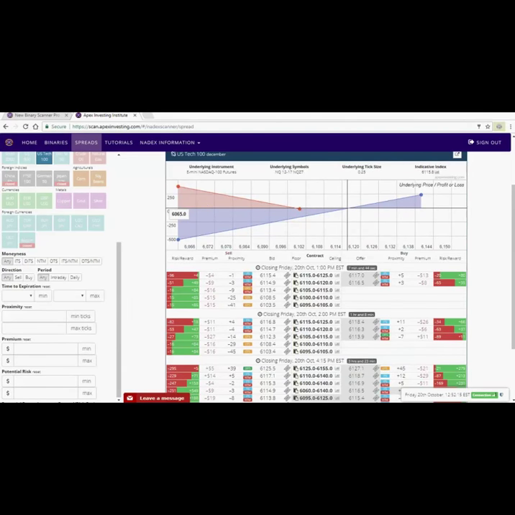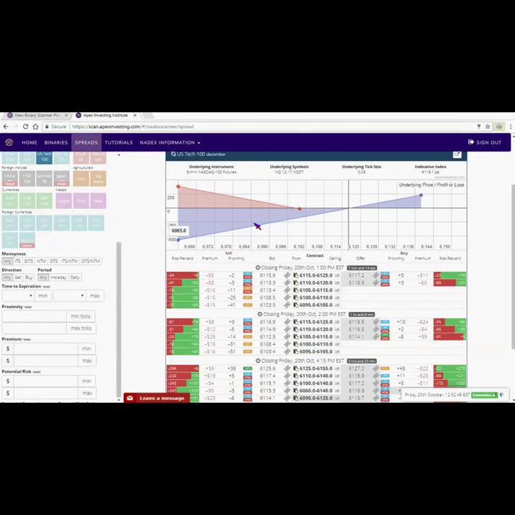So we have a second, a sell up here, and that would be this one I just popped up, because it would cover anything from this point over. At this point, this one would be in profit while this one's in a loss. So that is very basically what this shows.